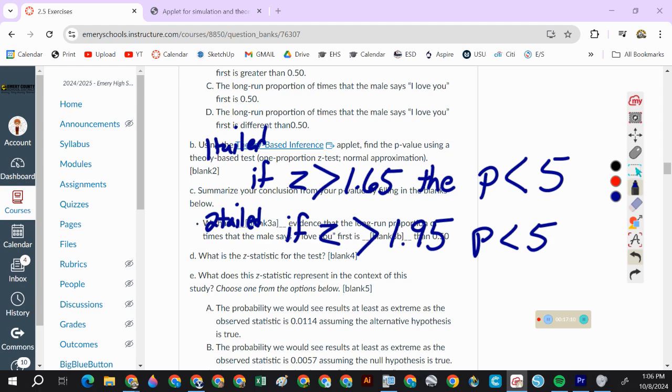No, it's just where we draw the line. So the line is drawn at 1.96. I think it was 1.96, right? So the same is true on the other side. If z is less than negative 1.65, then p is smaller than 5. And if z is less than negative 1.96, then we also reject. Does that make sense to you guys? Okay.